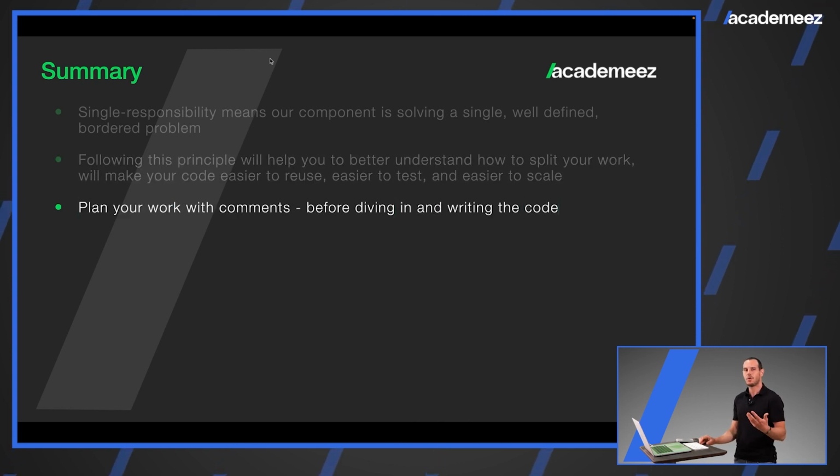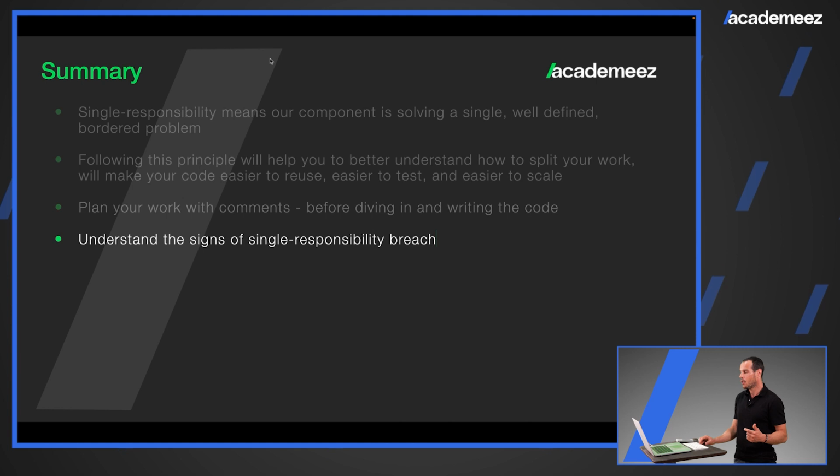And we gave a few best practice tips. For example, write comments before you start writing, which will help you plan and write down what single task your component should solve. We understood the signs where you're breaking the single responsibility principle. Signs like look at your imports, look at your props, look at your ifs in the component.